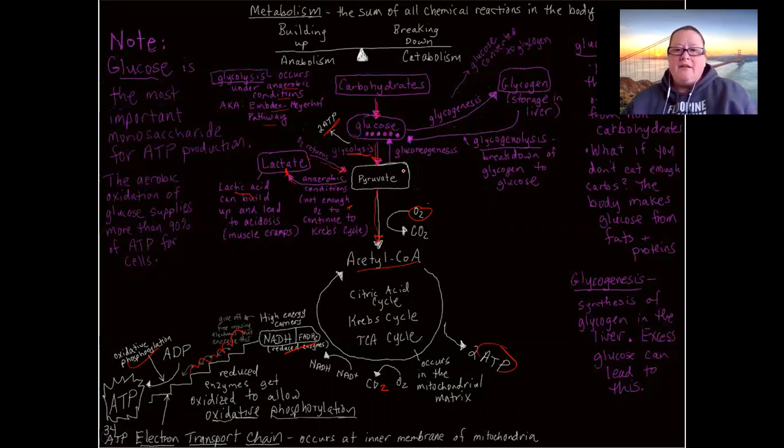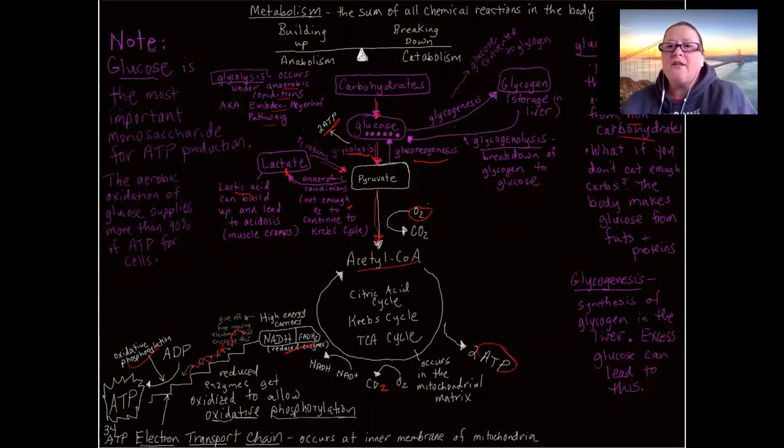If our body doesn't have enough glucose, what can happen is we can get what is called gluconeogenesis, where we take pyruvate or other non-carbohydrate sources and we create glucose.